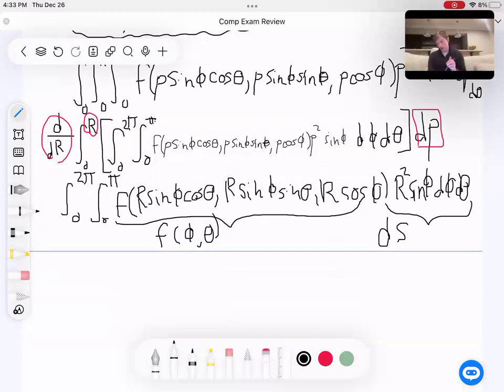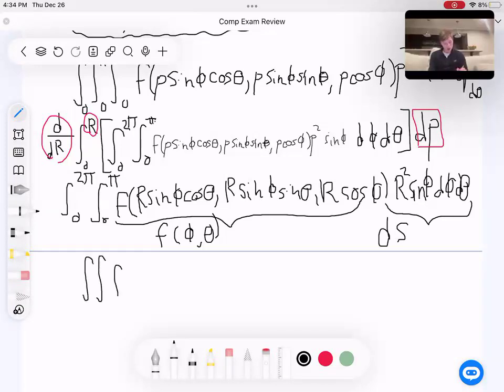This is the part where we would parameterize it, but we don't have to do that because we don't actually know what curve this is being evaluated over. However, this is the form of a surface integral, so I'm just going to write that because why not?